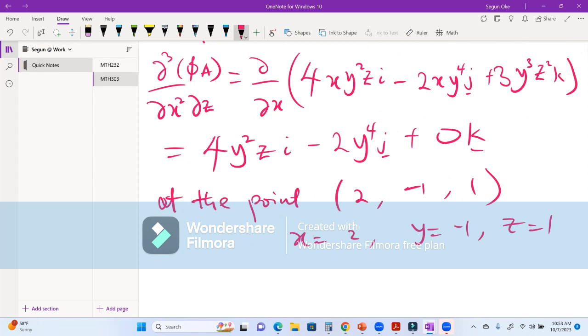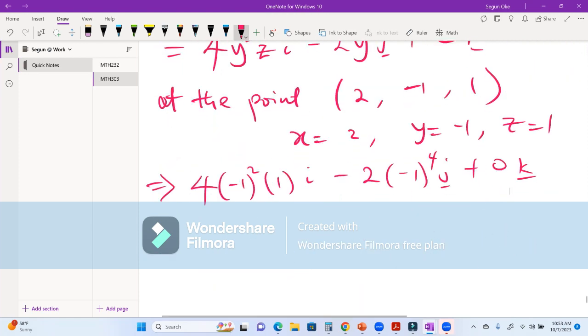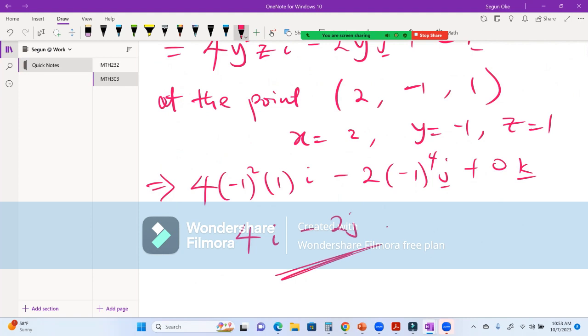So substitute it here. What do we have? 4 into -1 squared and 1 i minus 2 into -1 raised to power 4 j plus 0k, there's nothing we can do with that. So we have 4i minus 2j. That is your final answer.